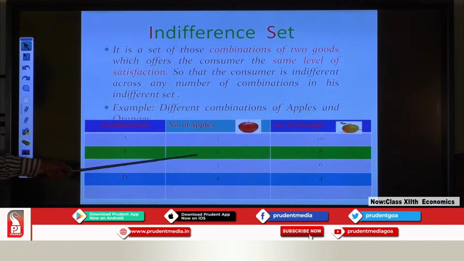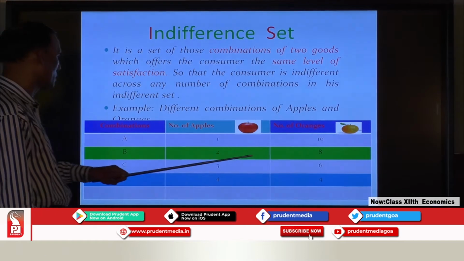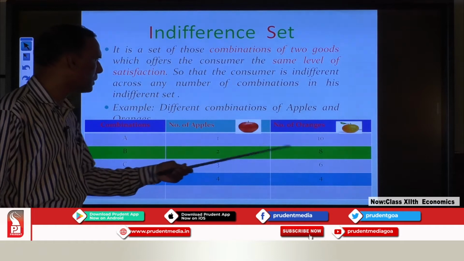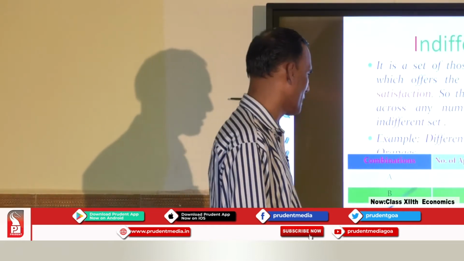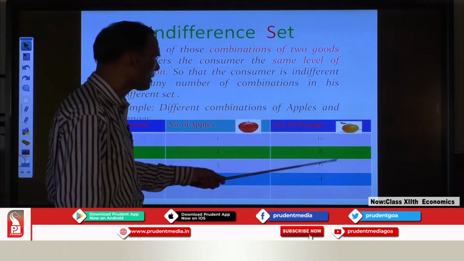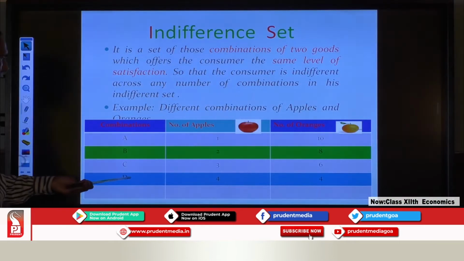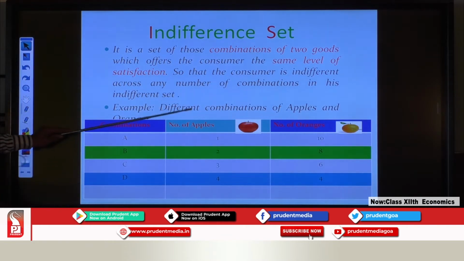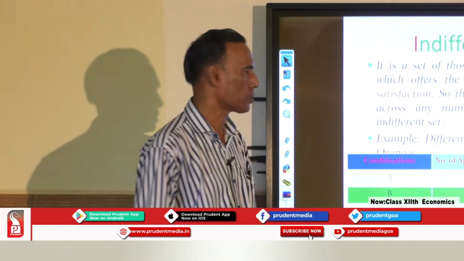In combination B, I increase my consumption of apples and decrease the consumption of oranges. Combination B, 2 apples and 8 oranges gives me the same level of satisfaction. Combination C, 3 apples and 6 oranges gives me the same level of satisfaction. Combination D, 4 apples, 4 oranges. So whichever the combination, whether A, B, C or D, it gives me the same level of satisfaction.